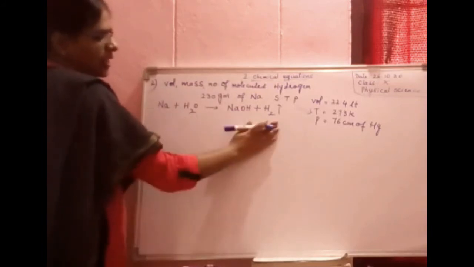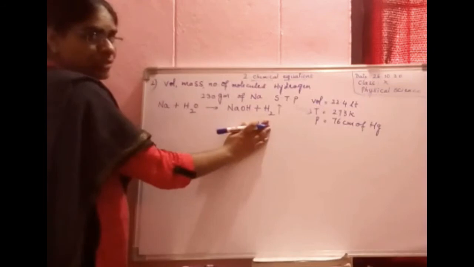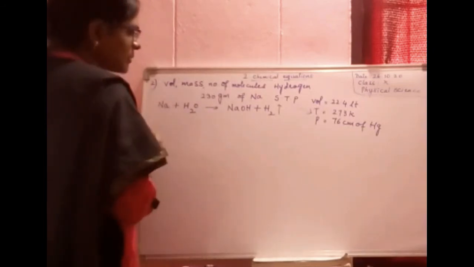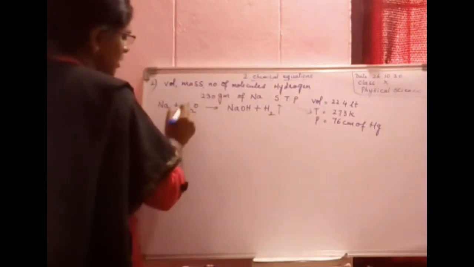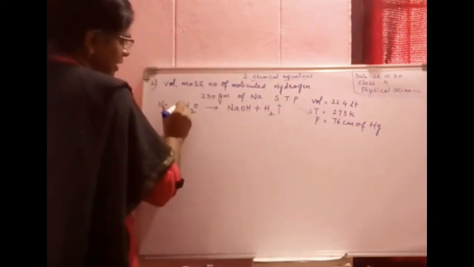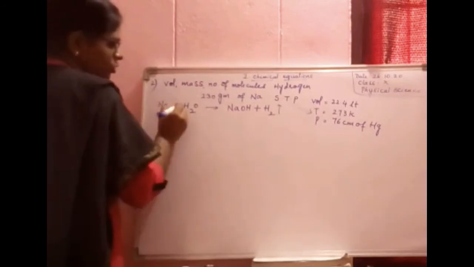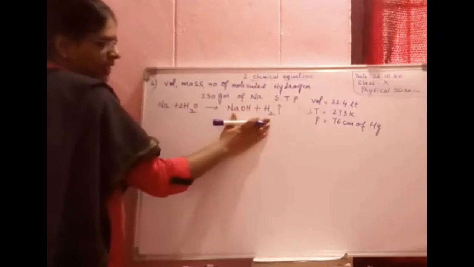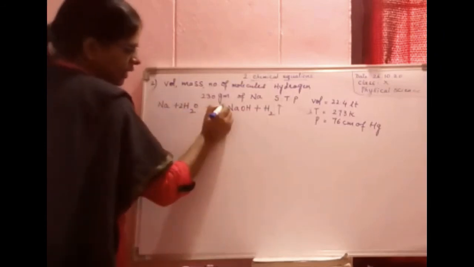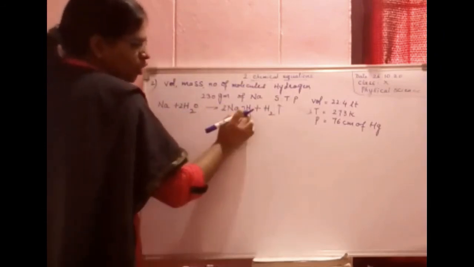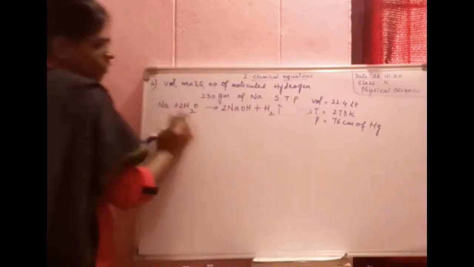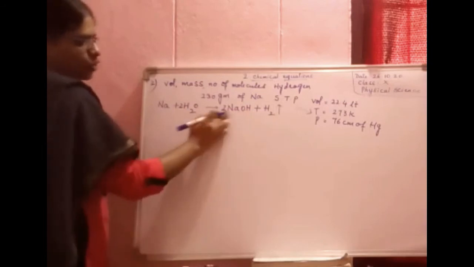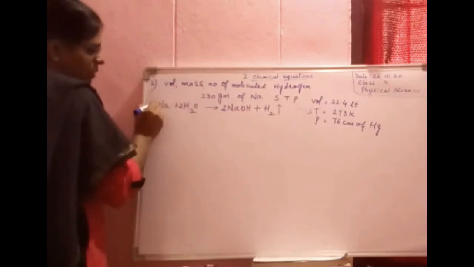Hydrogen is single on the left, but 3 hydrogens are there on the right hand side. Then how to balance? If I keep 2 here, 2 into 2 is 4 hydrogens, and on the right 2 plus 2, 4. But sodiums are 2, hence I am keeping 2.